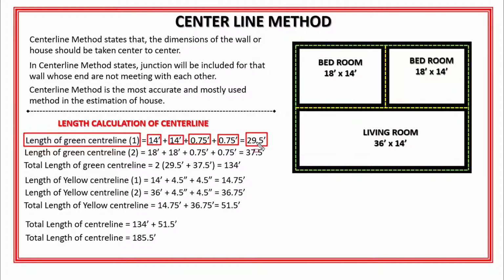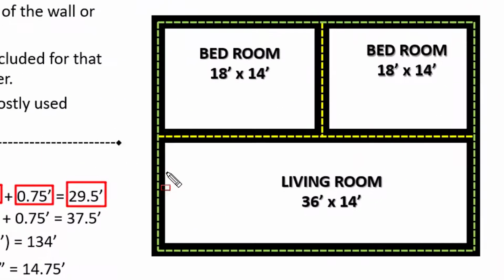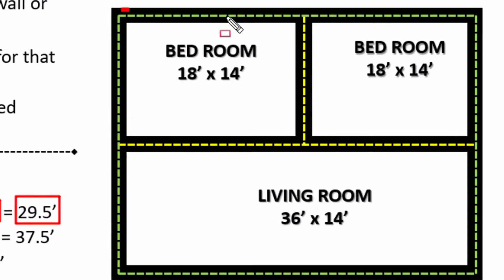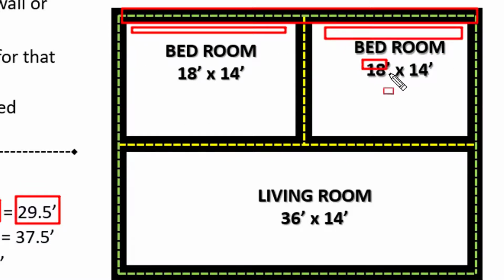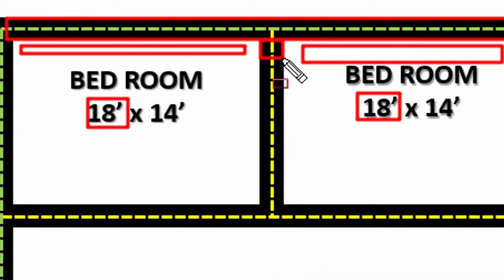Now after that, I have to calculate the length of this other green center line as well. And for that, I will follow the same process. So here the length of both these rooms are 18 feet each. And the width of this partition wall is 9 inches, which is equal to 0.75 feet.